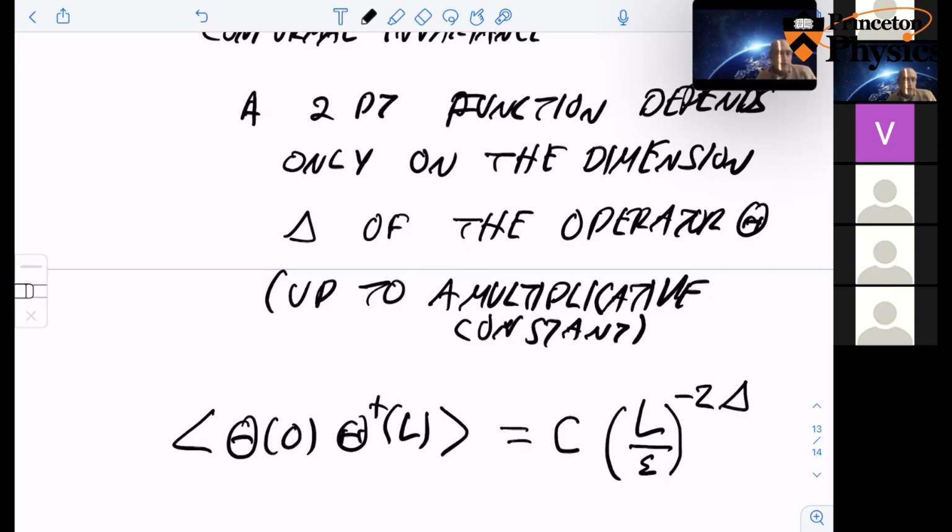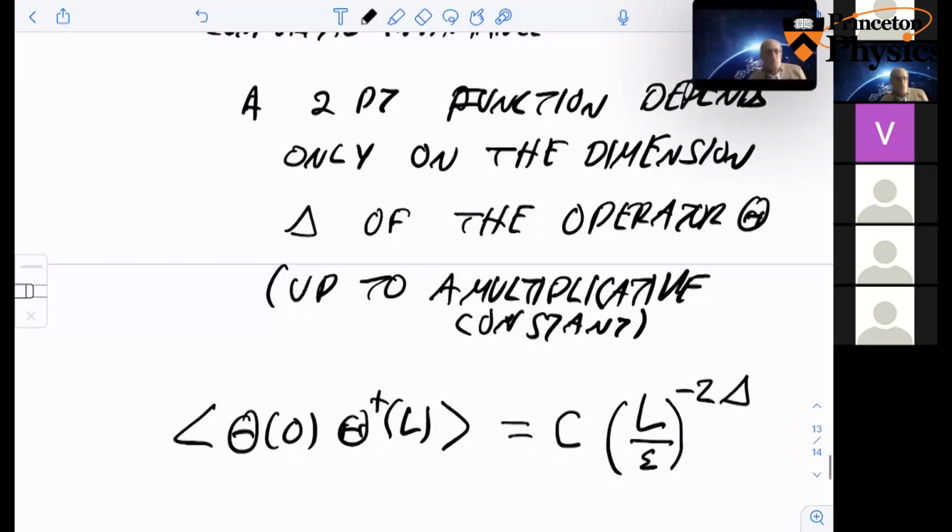That's pretty much the definition of saying that an operator has dimension delta. But the point is that in conformal field theory, it's natural. Roughly speaking, all operators can be decomposed as sums of eigen operators of the dimension operator. But we're about to see that our theta does have a definite dimension delta.